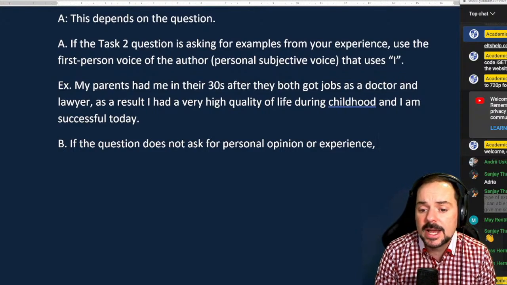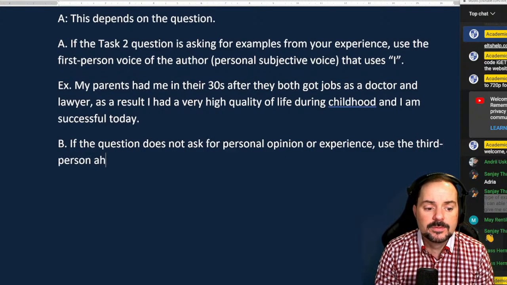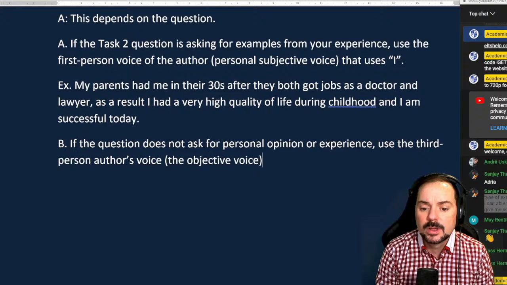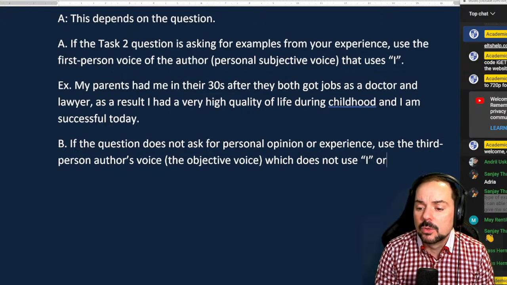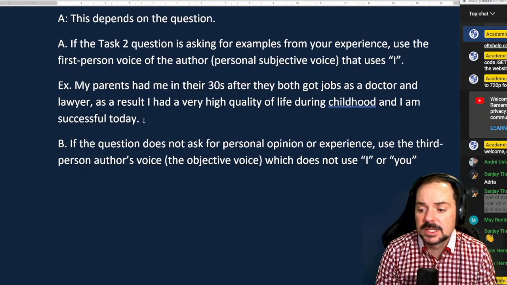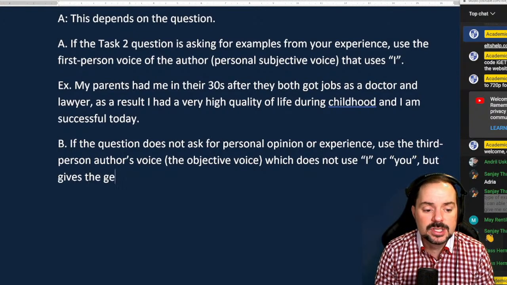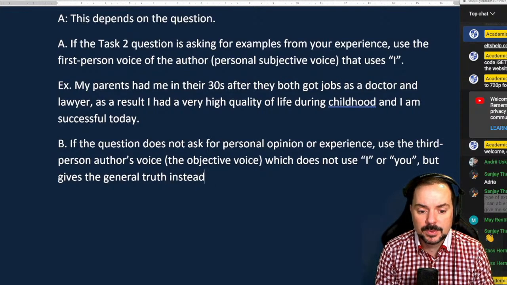So if the question does not ask for personal opinion, use the third person author's voice, also called the objective voice, which does not use I or you, so it doesn't speak directly to the reader or give personal opinion from myself. Okay. But gives the general truth instead.